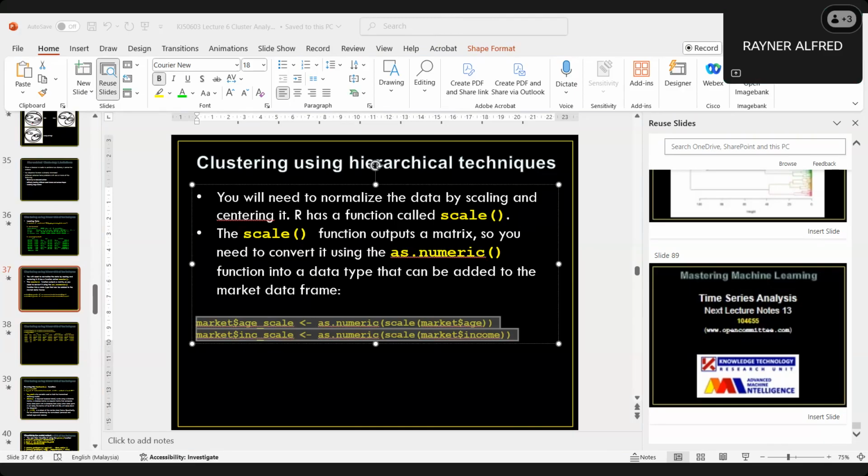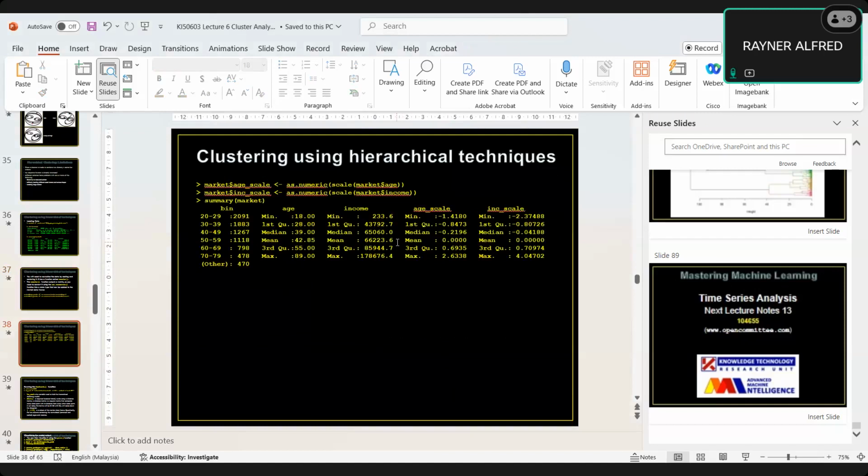Okay, so if I look at my market data, we have these 5 columns. Or if I type summary, this is the additional column that I have. So I can perform the clustering.